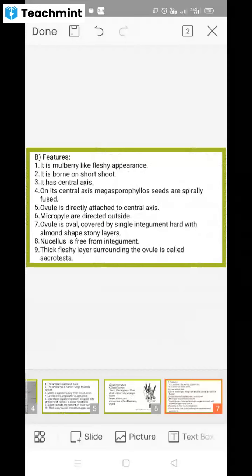Here the micropyle is present at the outside, and the ovule is oval in shape, covered with a single integument and having a stony layer. Then in Carnoconites, the nucellus is free from the integument. Here the ovules are also surrounded by a fleshy layer, which is specially named the sarcotesta.